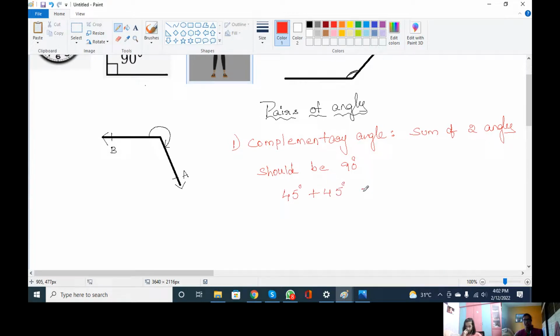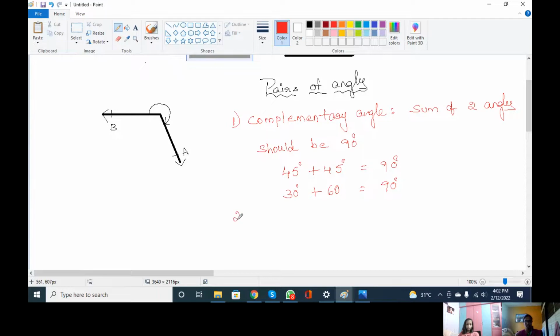Both together make 90 degrees, so these two are called complementary angles. As well, 30 degrees plus 60 degrees gives us 90 degrees. So these two angles are also complementary. Sum means addition. The addition of two angles that is equal to 90 degrees makes complementary angles.